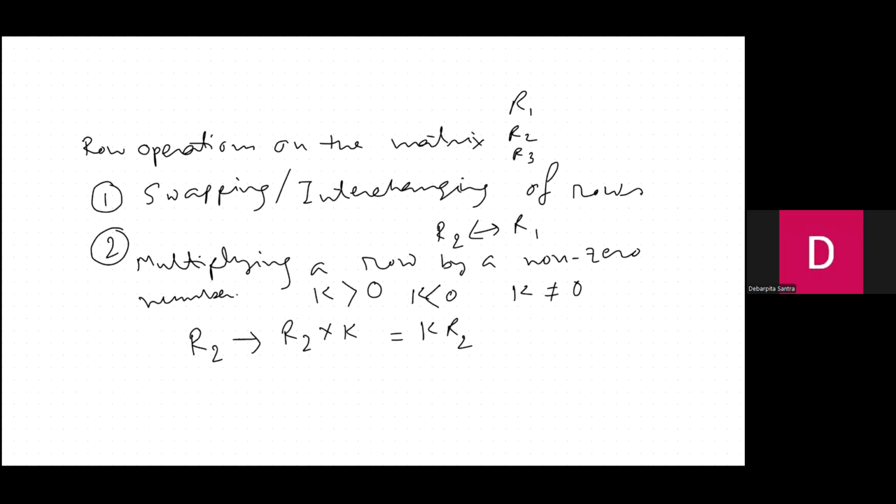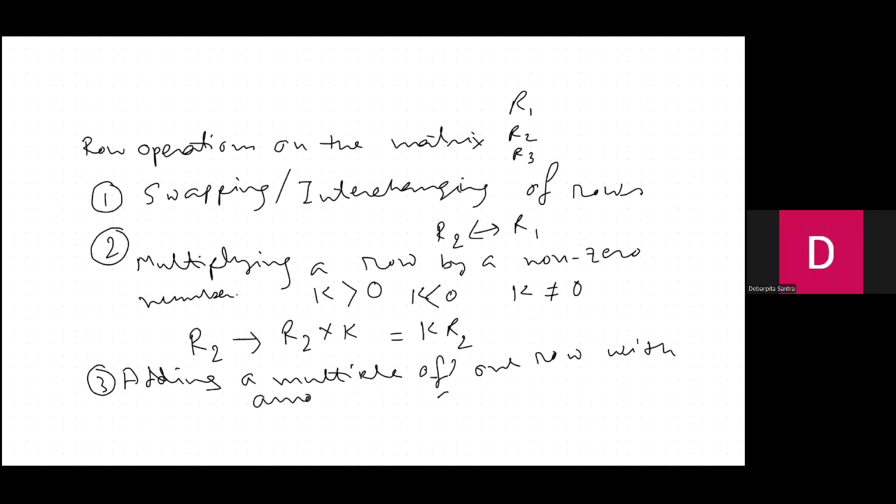The third row operation is adding a multiple of one row to another row.